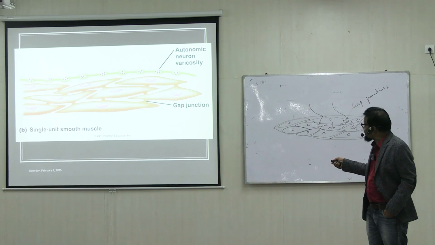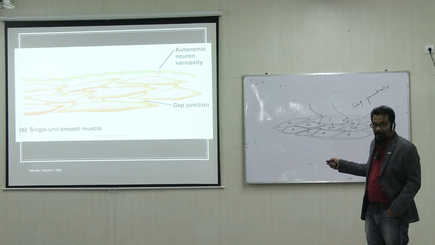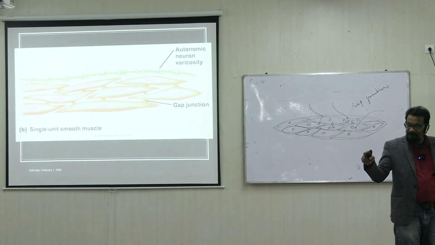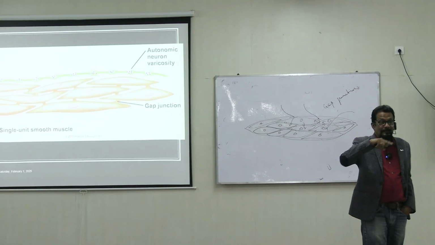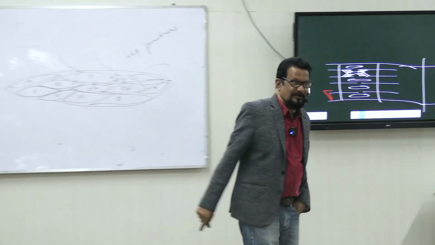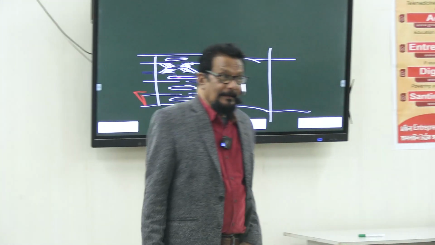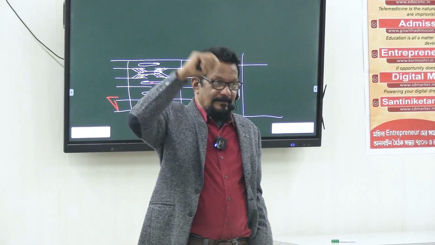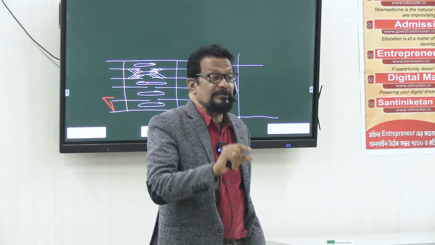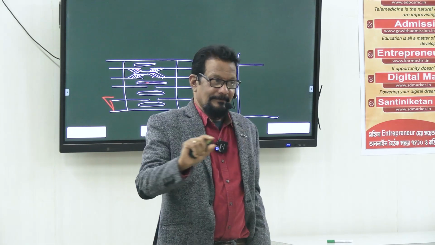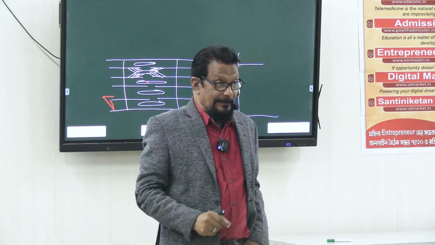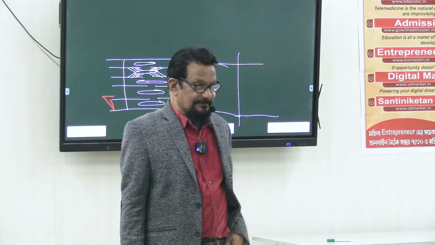From the ECF, it will act on the cell and change the resting membrane potential. These cells also have a resting membrane potential. This neurotransmitter will change the resting membrane potential of the smooth muscles.